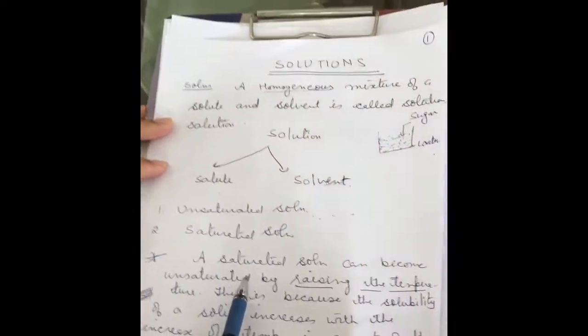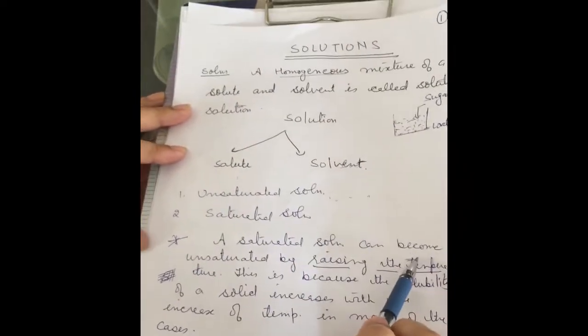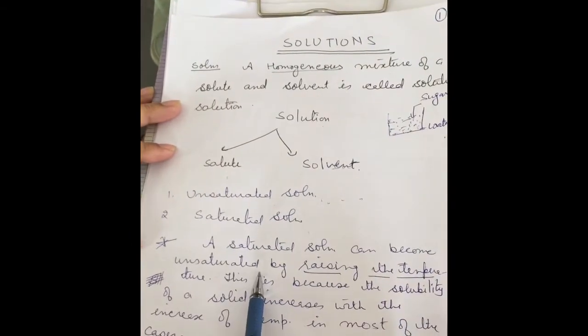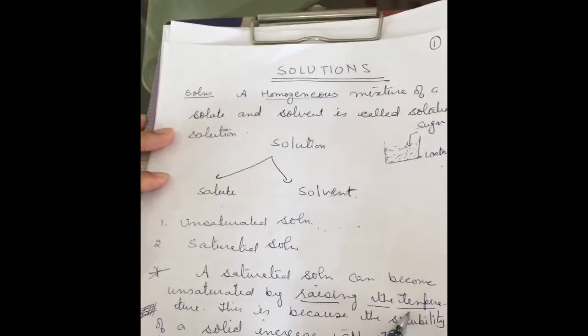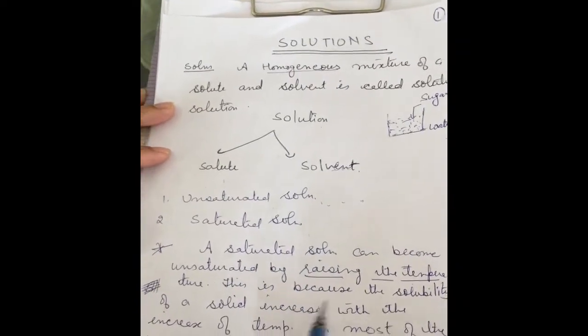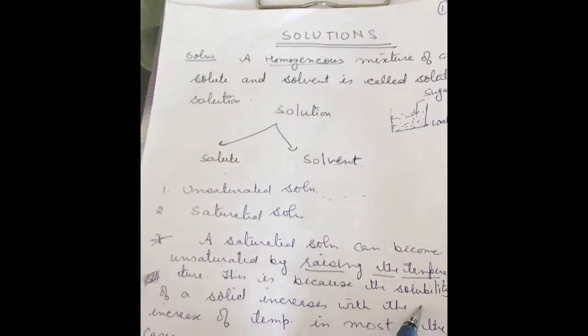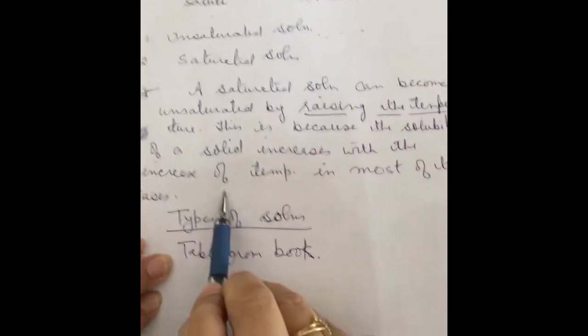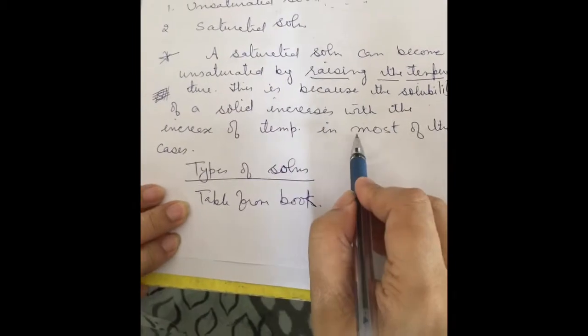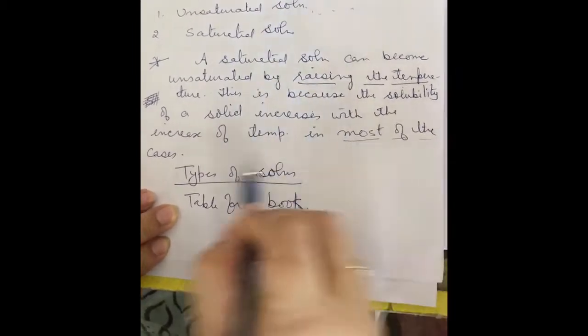A saturated solution can become unsaturated by raising the temperature. This is because the solubility of a solid increases with the increase of temperature in most of the cases.